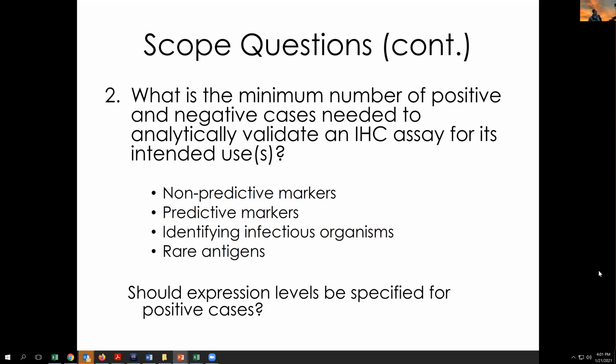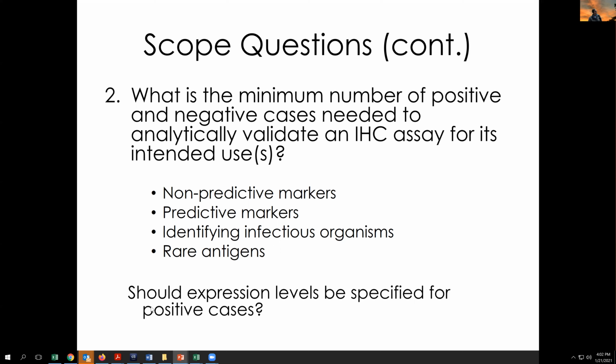Another question is, what is the minimum number of positive and negative cases that would be needed to initially validate an immunohistochemical assay for its intended use? And in this regard, there was some consideration given to the different types of purposes to which these assays are directed, specifically those that are primarily diagnostic and non-predictive, those that are predictive or that imply a particular treatment, those that may be involved with identification of organisms, and maybe some rare antigens.